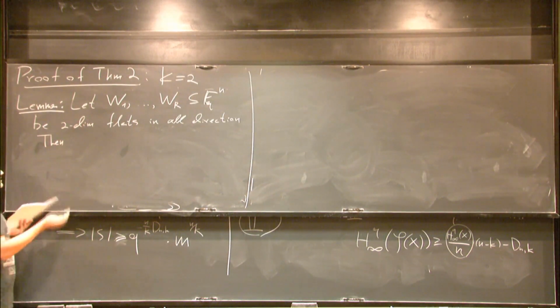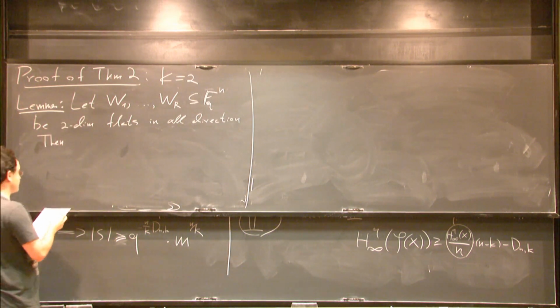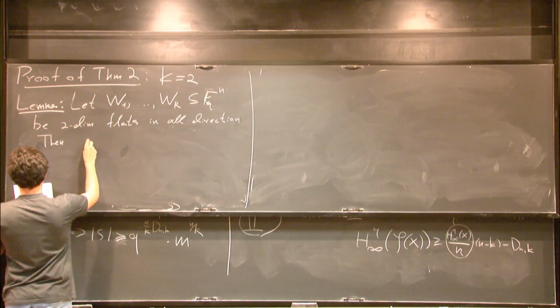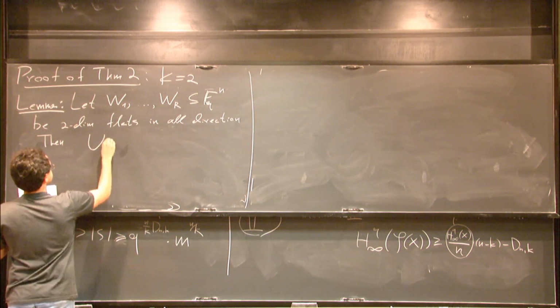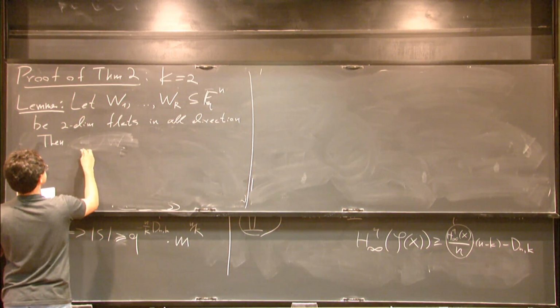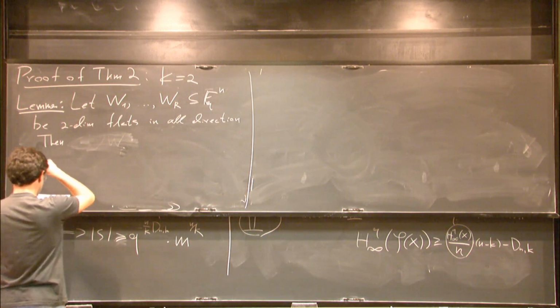And you look at all the lines that are contained in one of them. Then, if you take their union, actually, I don't want to take the union. For each one, you look at all the lines that it contains.